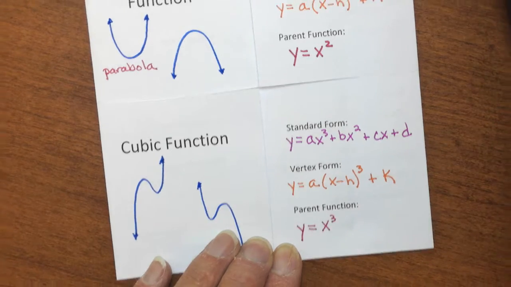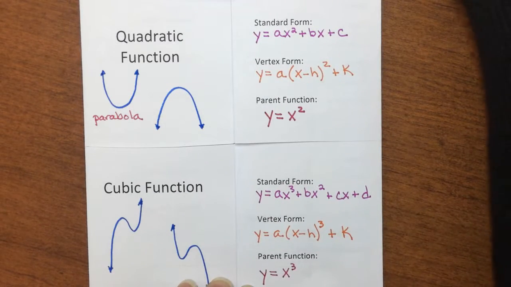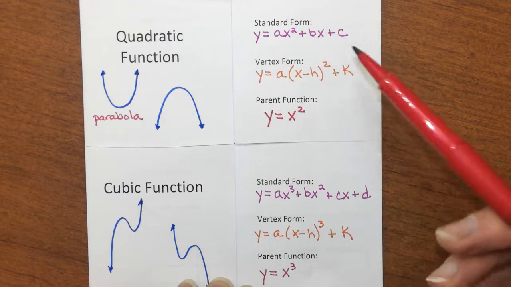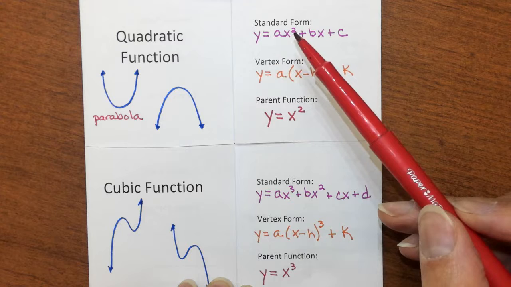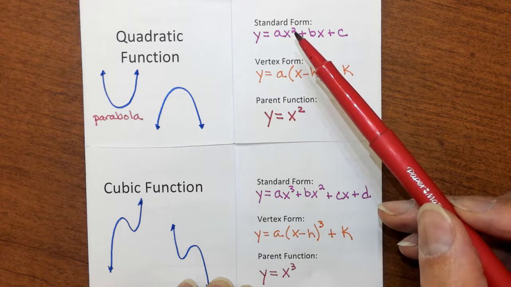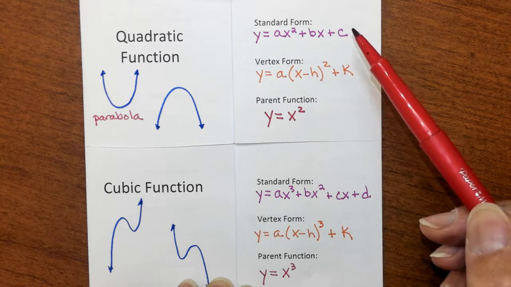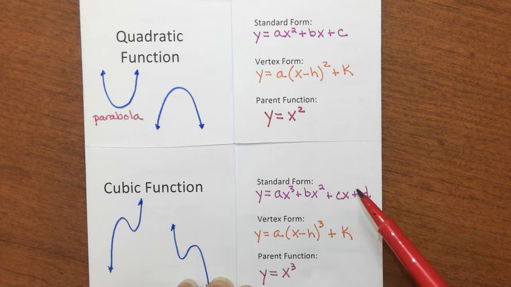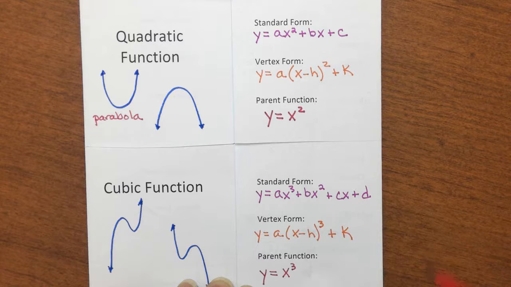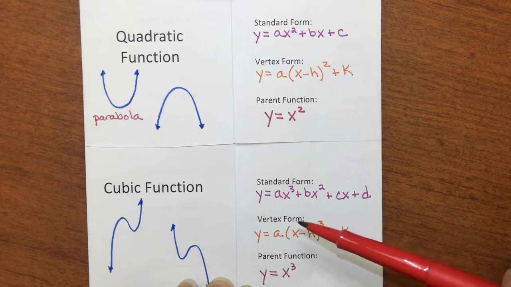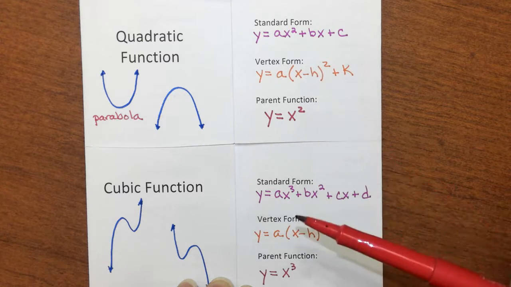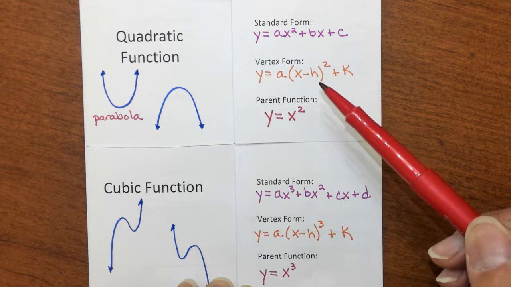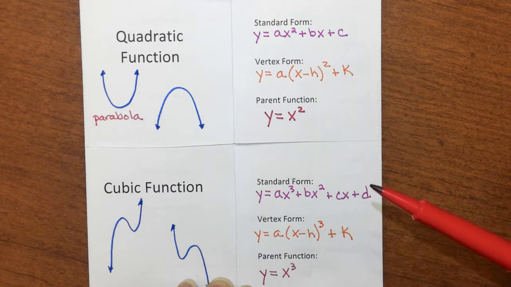So when we look at, especially between the quadratic function and the cubic functions, we can see some similarities. Notice how my exponents are going down. That's a 2, there's a 1, there's a 0. This is a 3, there's a 2, there's a 1, there's a 0. Okay. Notice vertex form. We'll be dealing a lot with vertex form in another unit. But notice how I have a parentheses and x minus h in the center.